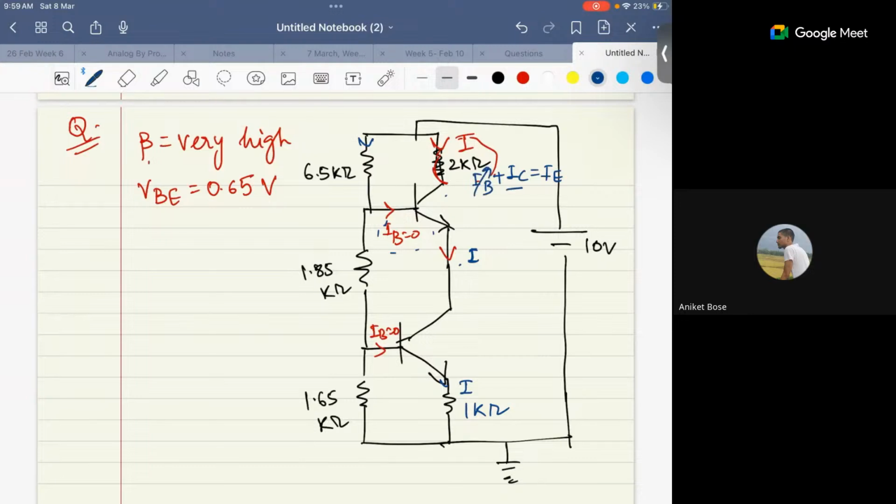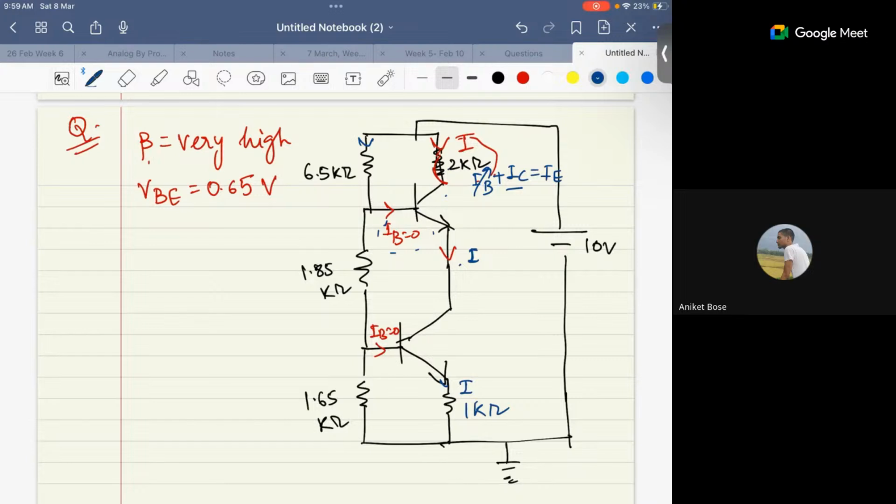So the same collector current will be the emitter current for the first BJT, and the emitter current for the first is equal to the collector current for the second BJT, and similarly the emitter current for the second BJT will be equal to its collector current. So all will be the same because there is no current coming from the base.